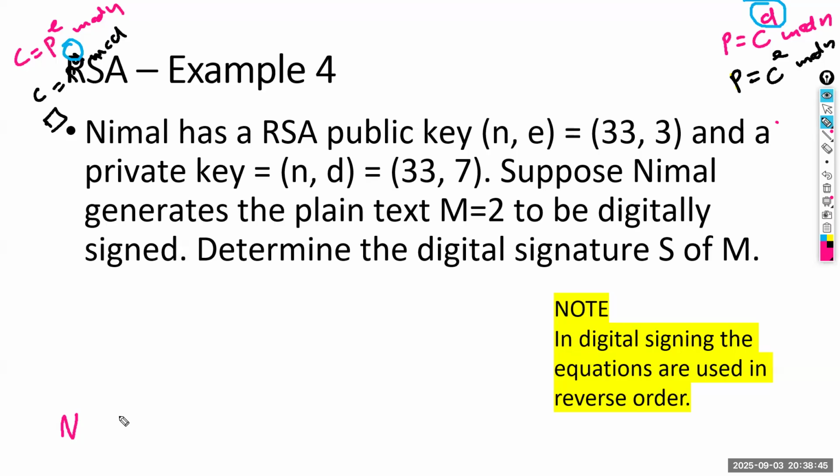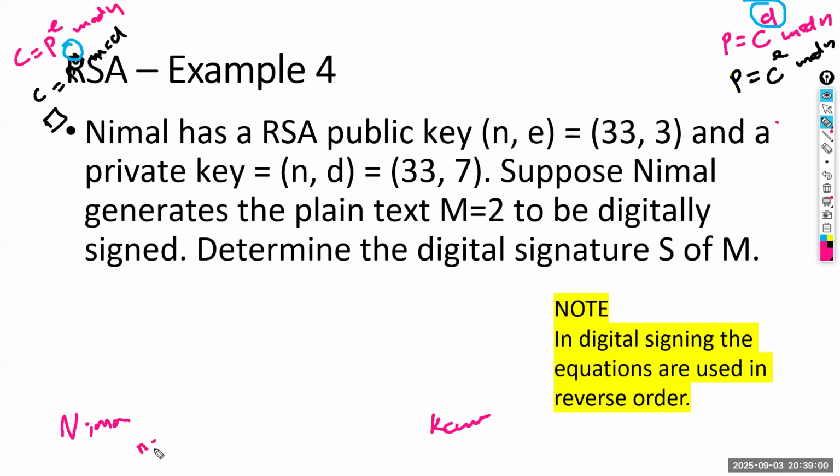Right. So now Nimal is going to do the signing. Whoever the receiver is, let's call it Kamal for the time being. So Nimal has the key, right?